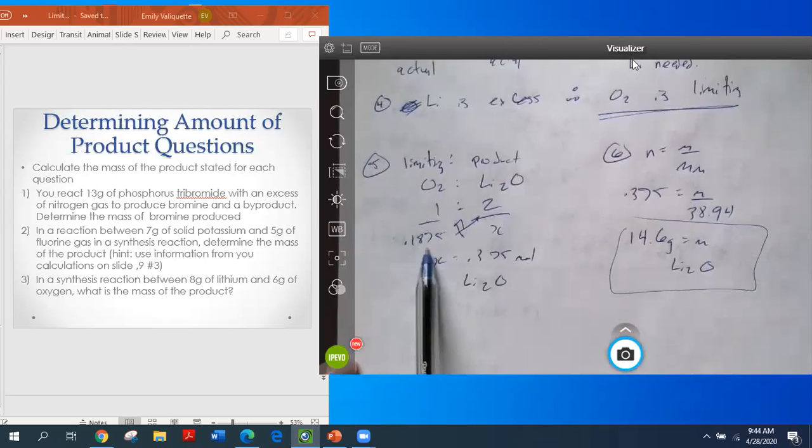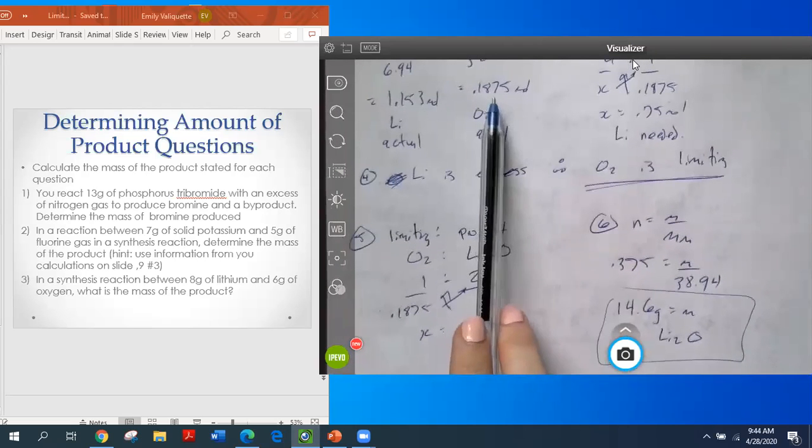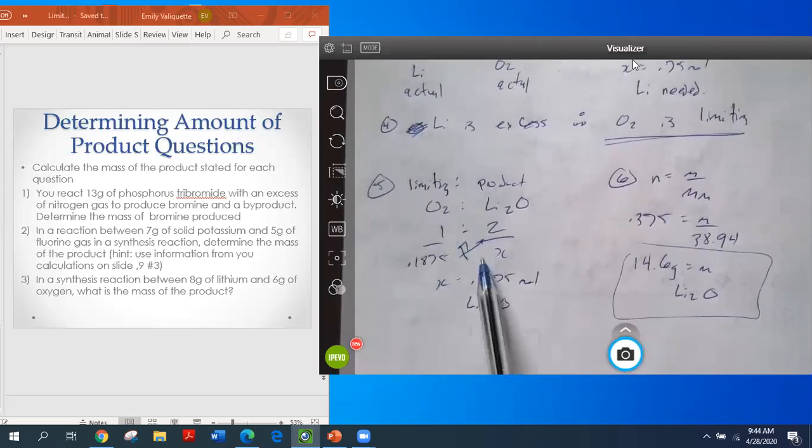We plug in the actual moles of oxygen and cross multiply, and that gives you 0.375 moles of our lithium oxide. We then plug that into our moles equals mass over molar mass, and you should get about 14.6 grams of the lithium oxide. Okay, so I'm going to end there for today.